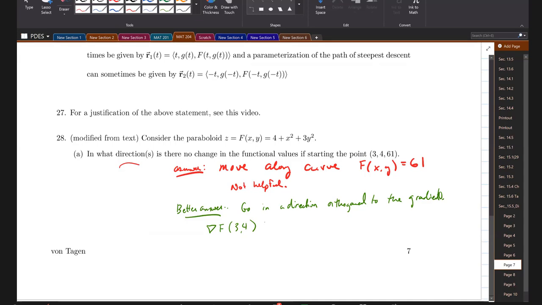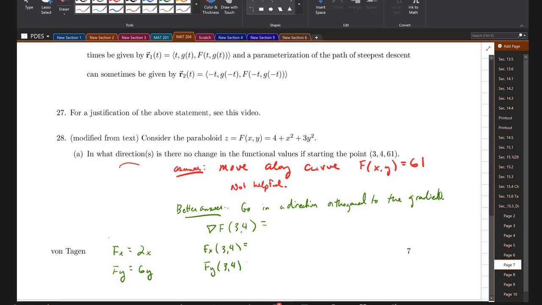Well, to do that, we need to first compute partial f, partial x. I'm going to use the other notation. Let's compute partial f's of x at the ordered pair 3, 4, and let's compute partial f's of y at the ordered pair 3, 4. Well, partial f's of x is just 2x, and partial f's of y is just 6y.